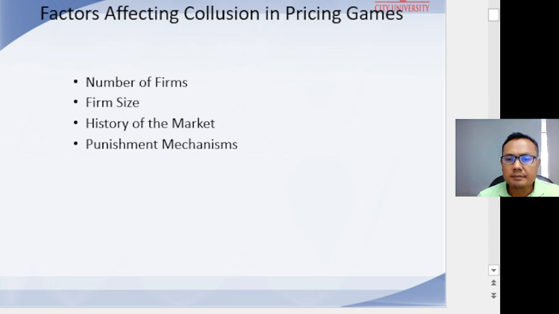Another last factor is the punishment mechanism. So the pricing mechanism firms use also affects the ability to punish rivals that do not cooperate. For example, in a posted price market, where a single price is posted and charged to all of a firm's customers, the cost of punishing an opponent is higher than in a market in which different customers are quoted different prices.